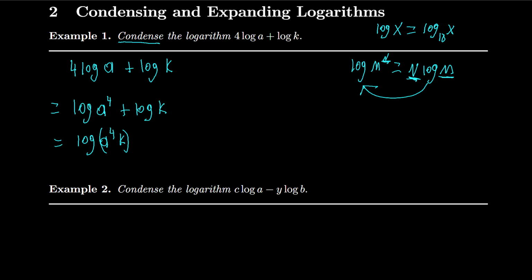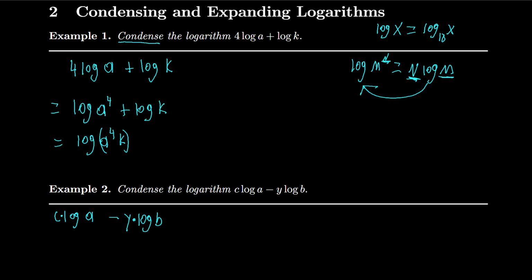All right, so let's take a look at this. We're going to start with writing the problem as usual. So c times the log of a minus y times the log of b, like this. And if we're condensing, we want to deal with the exponents first. These are multiplications in front here, so we're going to tuck each one of these in as a power.